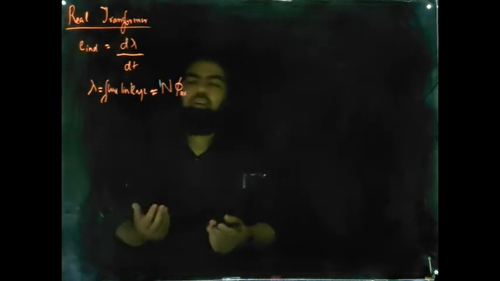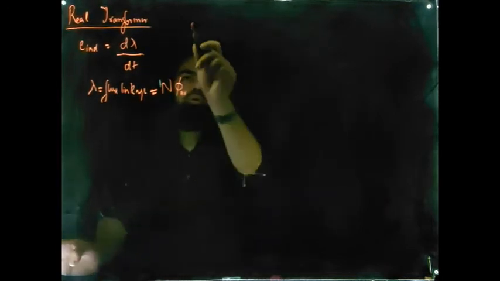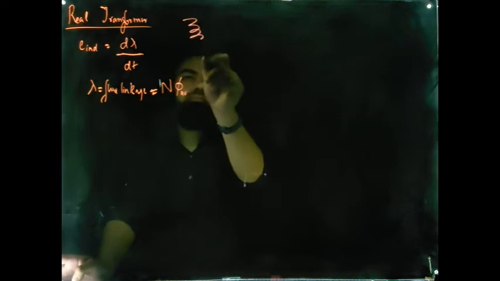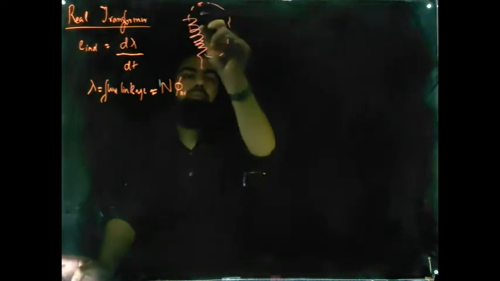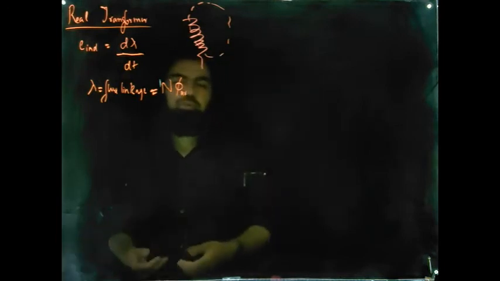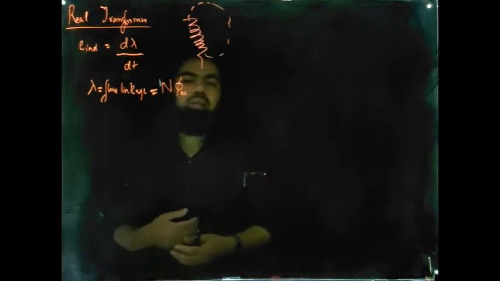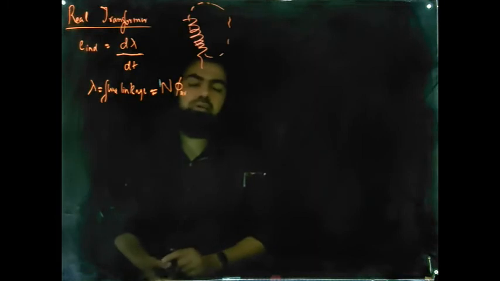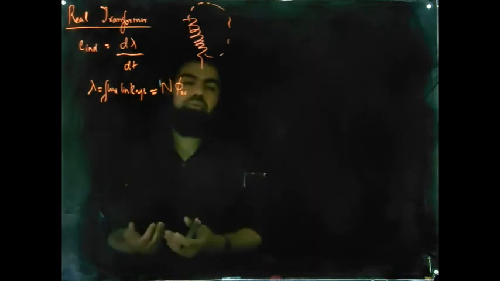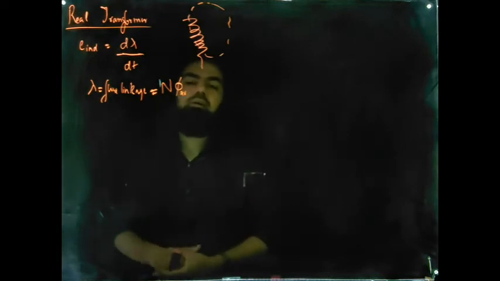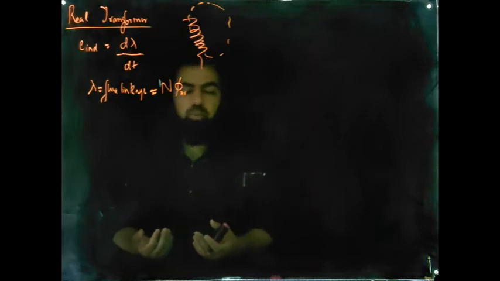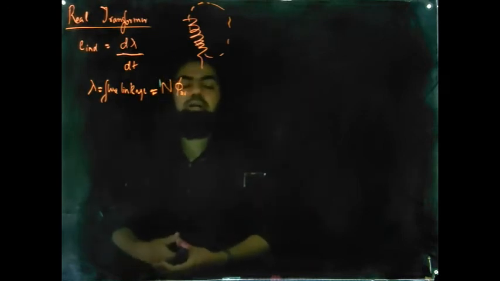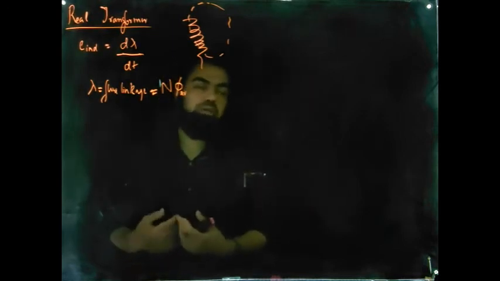Fine. Now, why phi average? When we talk about a coil and flux flowing in this system, all the turns of the coil are not linked with the same amount of flux, but it can be that the central turn has more flux concentration, is linked with more flux, and the ends are linked with a lesser amount of flux.